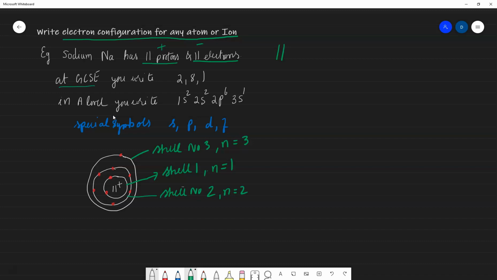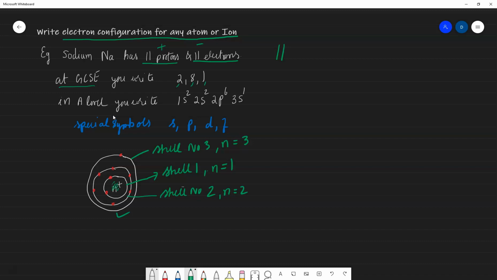In GCSE, you know how to write the distribution of electrons for sodium. You write 2 in the first shell, 8 in the second shell, and 1 in the last shell. Take this diagram. You've got the nucleus in the center.